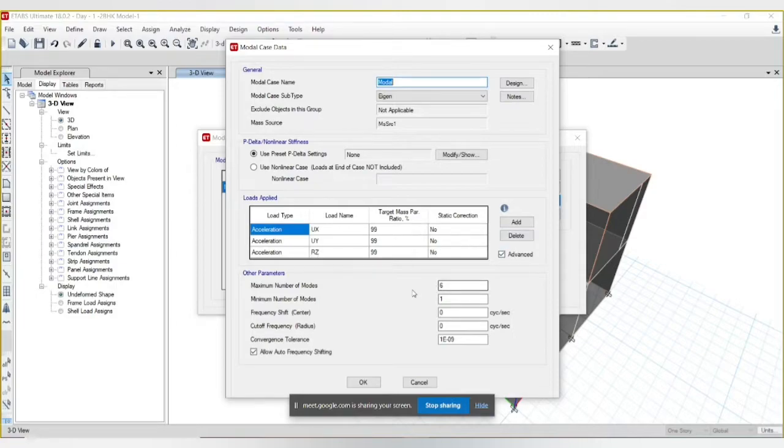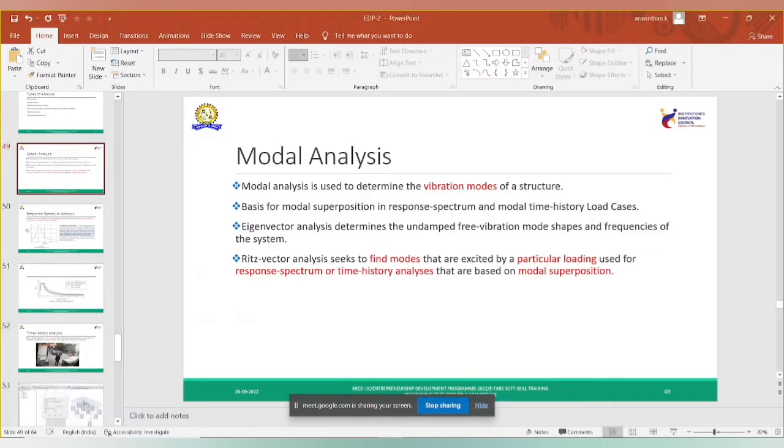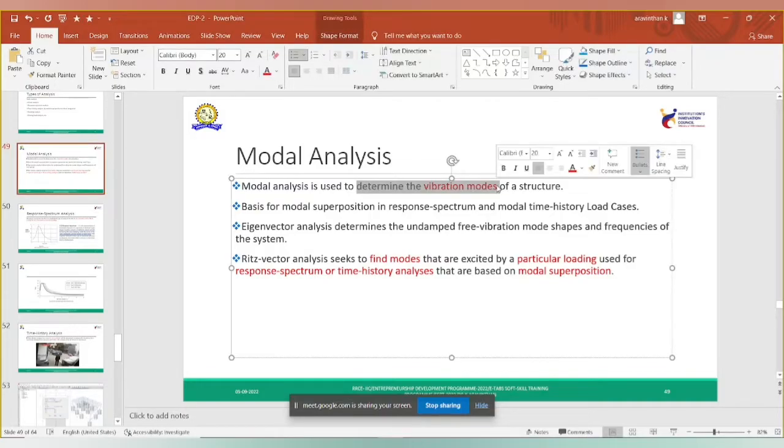We have taken these three, and 6 modes we have taken. This is sufficient for making the calculation. What is highlighted here is the determination of vibration modes. So this structure is going to be analyzed in 6 modes of vibration.